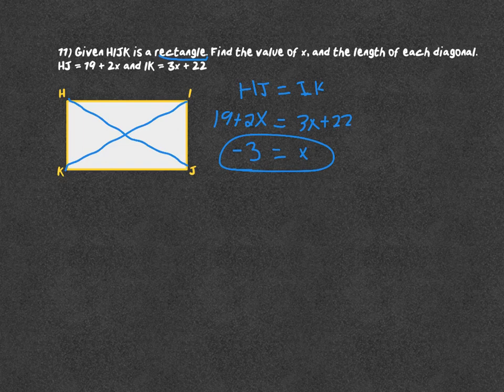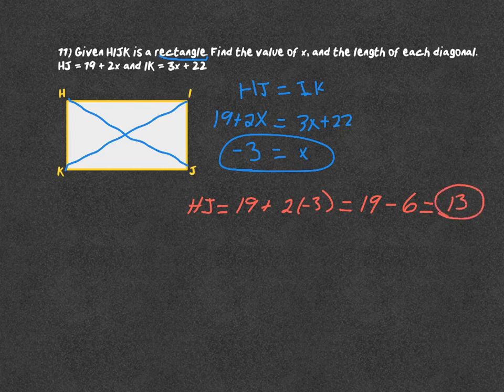So the HJ would be equal to 19 plus 2 times negative 3, which would be 19 minus 6, which is 13.